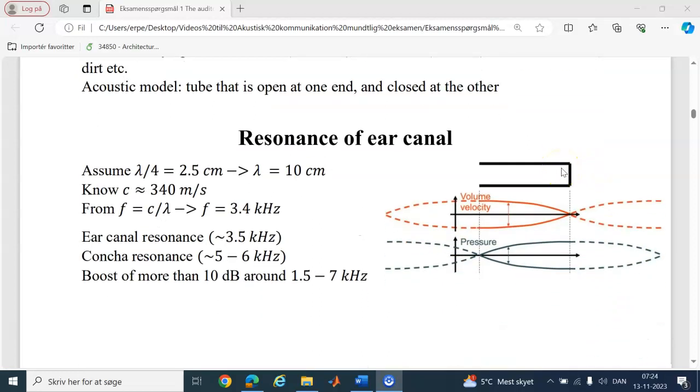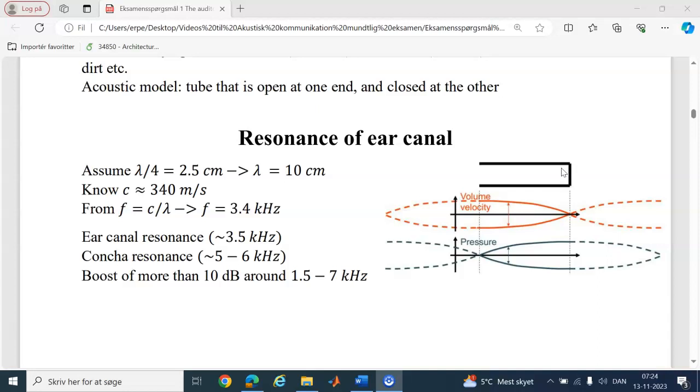Because of that, you can find the so-called resonance of the ear channel, because the wavelength divided by 4 is 2.5 centimeters. That means that the wavelength is 10 centimeters. And the frequency is the sound speed divided by the wavelength, and that gives a frequency, if you calculate, of about 3,400 hertz.